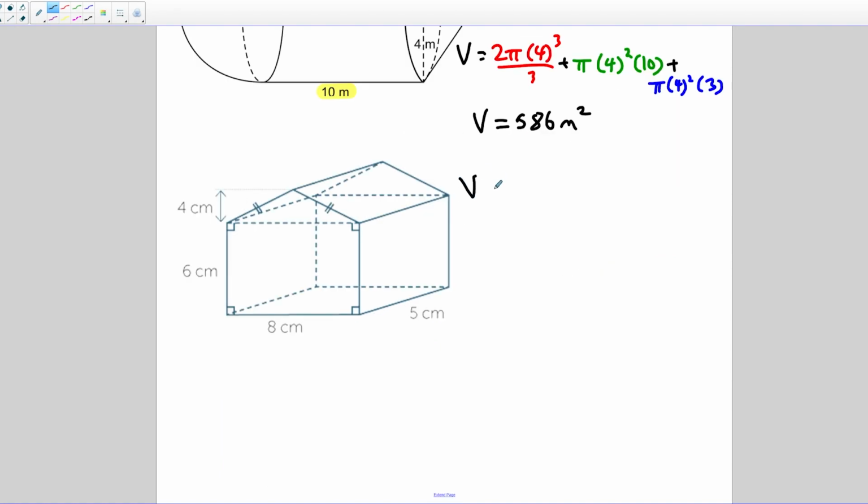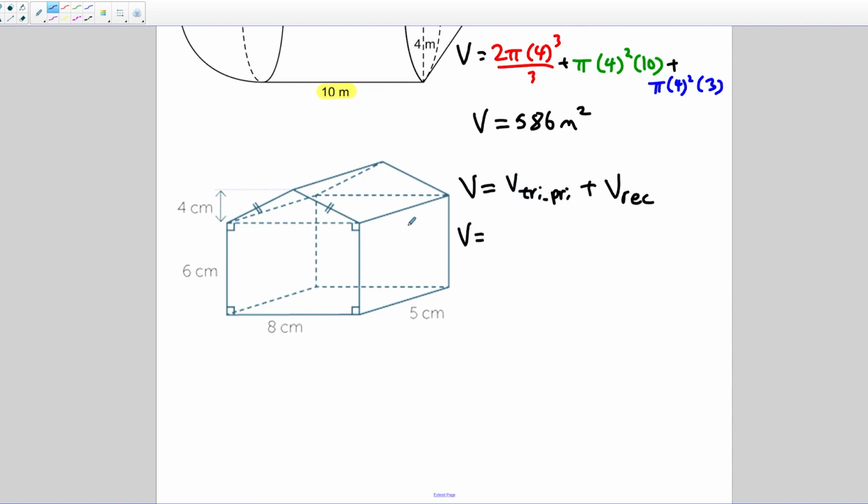Last but not least, we've got two shapes actually from earlier grades here. We've got the volume of a triangular prism, and plus the volume of your rectangular prism. So let's go ahead and write our formulas down.